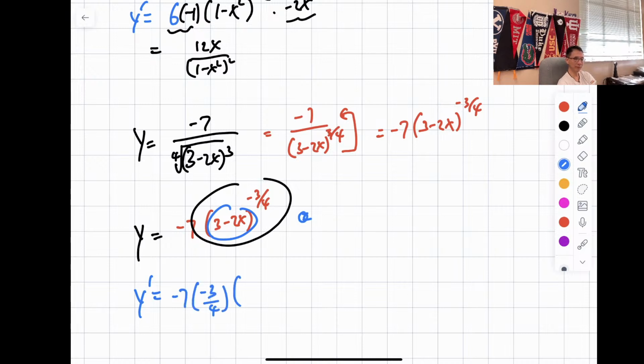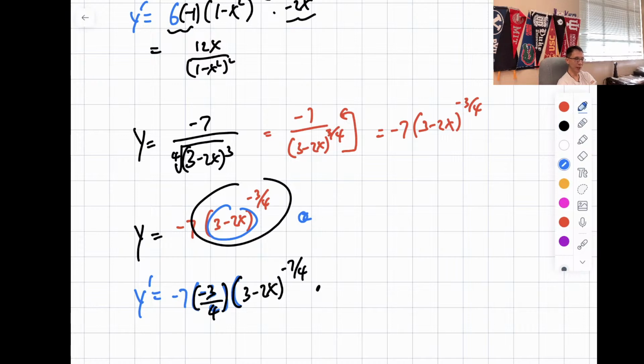The first layer is going to be black. And then that's going to be 3 minus 2x to the -7/4. Is that okay? Times derivative of the inside, which is the blue layer.